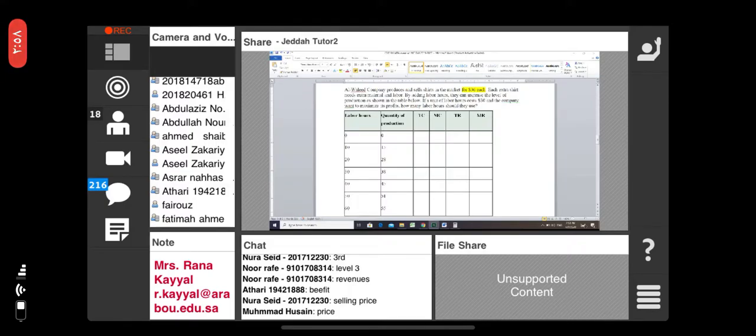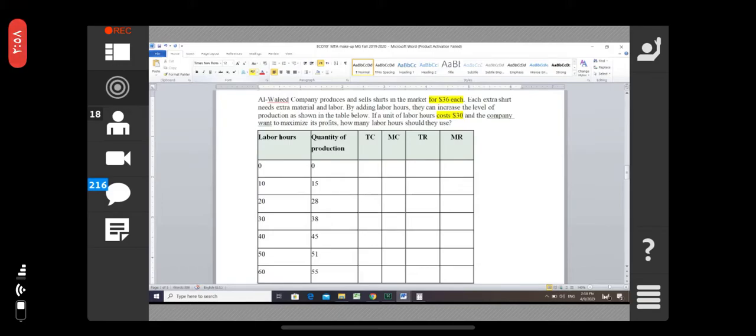Each extra shirt needs extra material and labor cost. That is shown in the table below. If the unit of labor hour costs $30 and the company wants to maximize its profits, as we agreed, maximum profit is where marginal revenue equals marginal cost. So I will produce as long as marginal revenue is equal to the marginal cost. How many labor hours should we use? Based on this, I have to look for the decision.